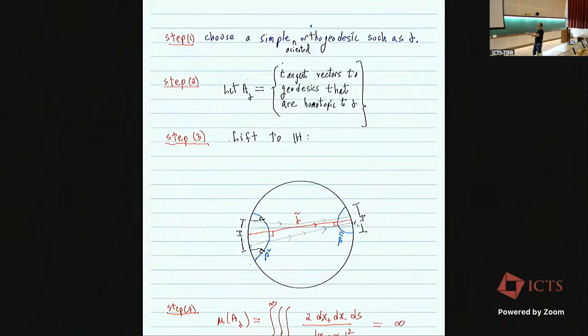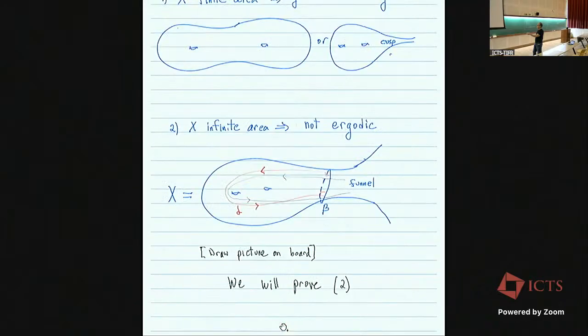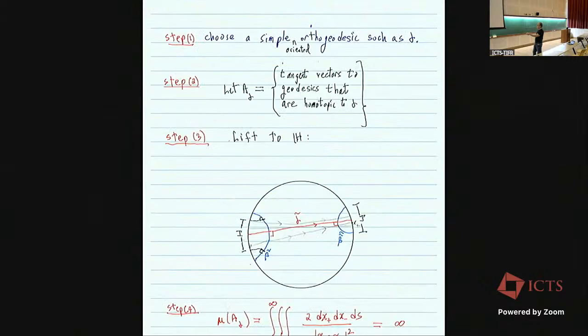And what you'll see is, so back up a minute again. This was beta, so there's the lift of beta, right? And then there's another lift of beta, conjugate to that. So the picture looks like this. Here's beta tilde, and here's another lift of beta. And then delta tilde is some orthogeodesic that goes from beta tilde to beta double tilde.